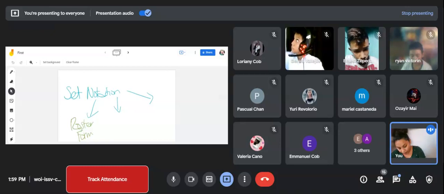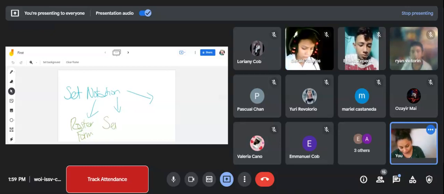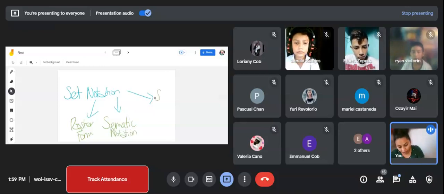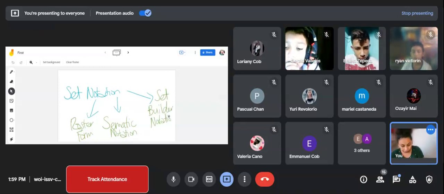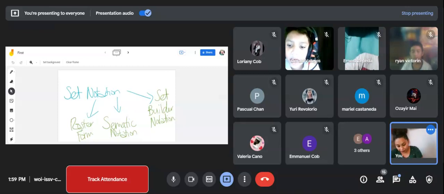You have roster form, the semantic notation, and then you have the set builder notation. So these are the three things. And we're going to start off with the first one, which is the semantic notation.